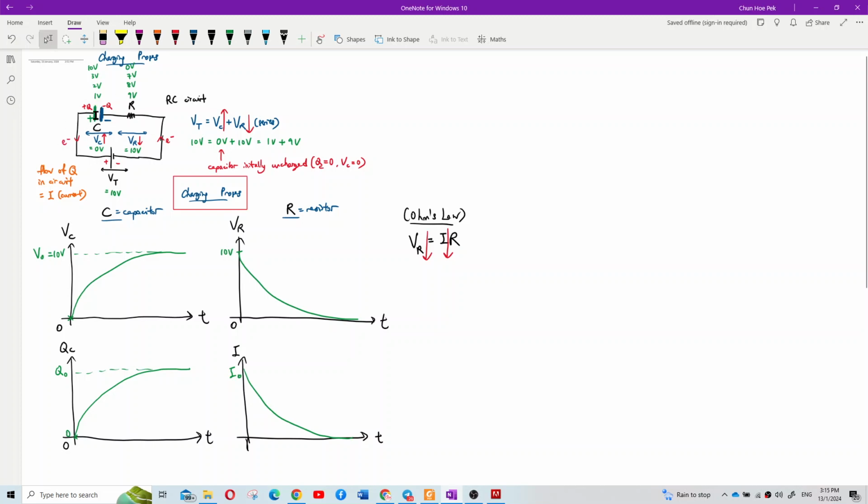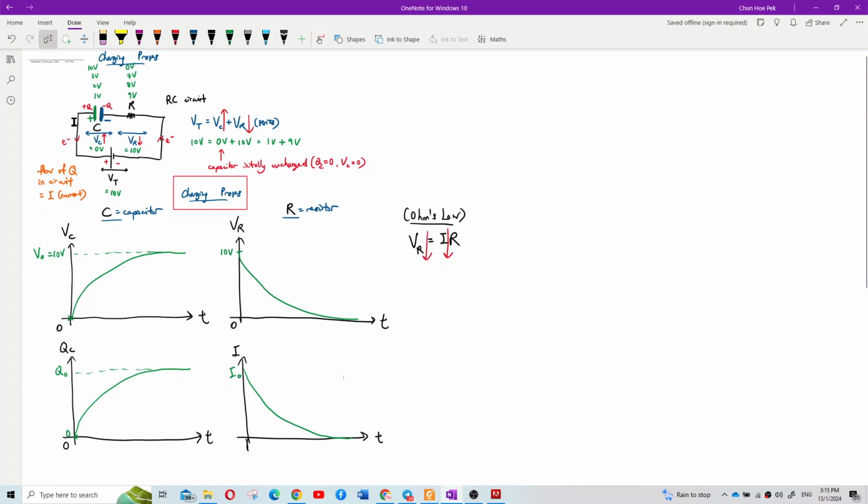When capacitor is neutral, of course it wants to charge, so memanglah ada arus bergerak dalam circuit. The current is really maximum at the beginning, because capacitor is uncharged.